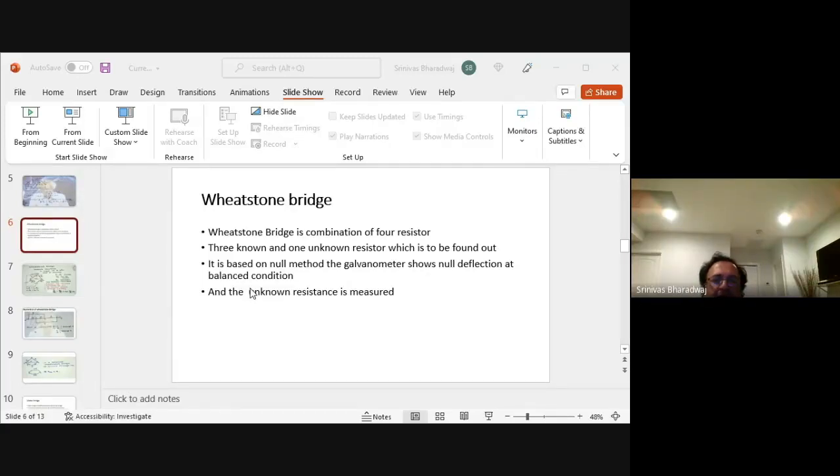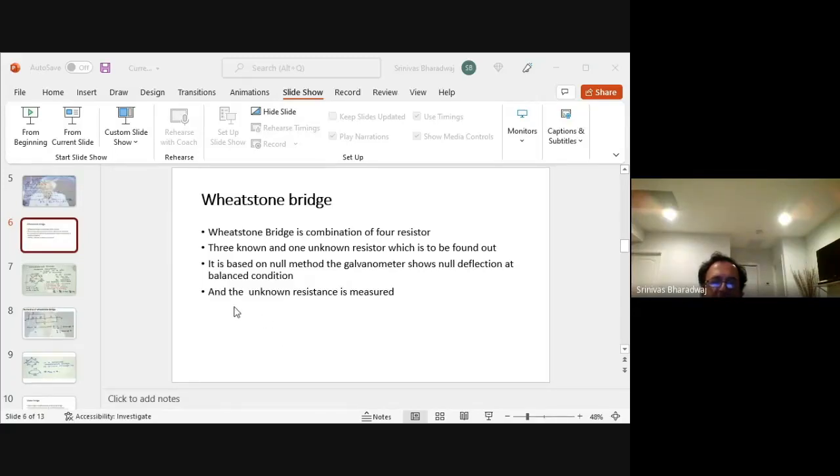So when does that have no current? That has no current when the ratio of the resistances is equal. So E1 by E2 equals L1 by L2. So E1 by E2 is the ratio of the two.